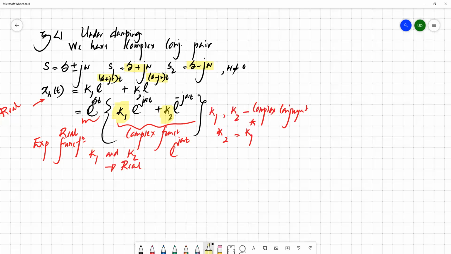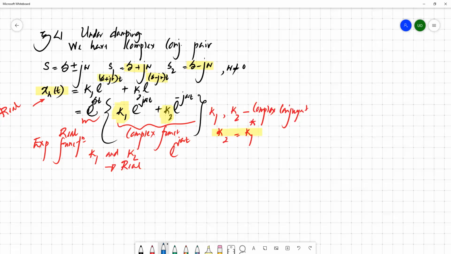This should be satisfied, otherwise you cannot make a real output, a real natural response from this. So k2 should be the conjugate of k1, and then we can simplify this entire block into a real function.